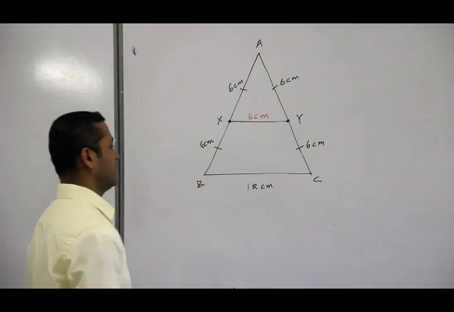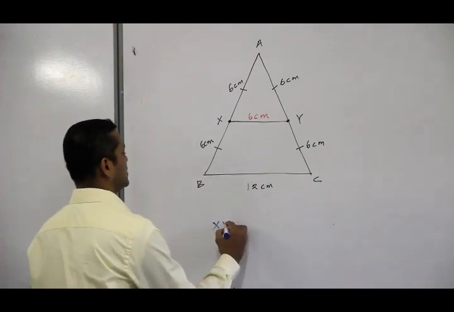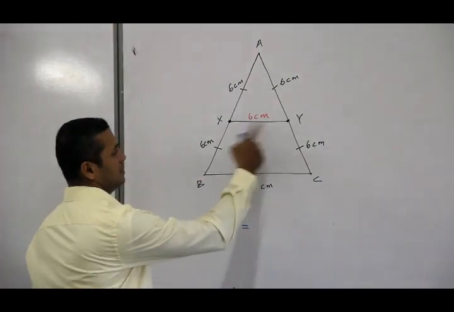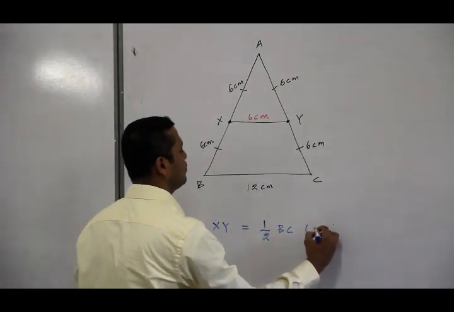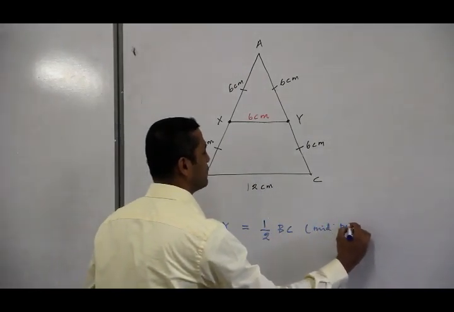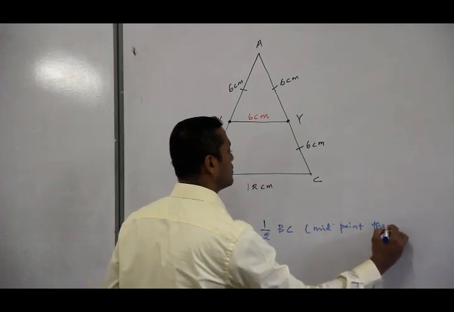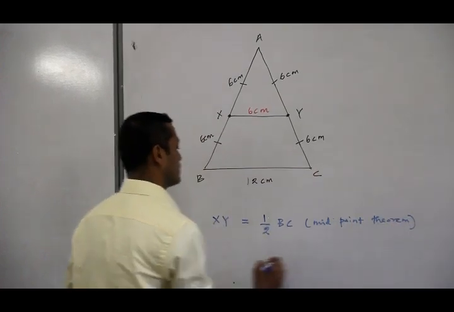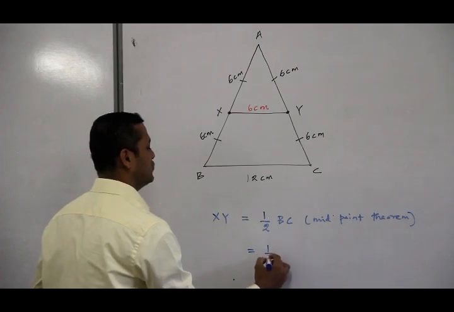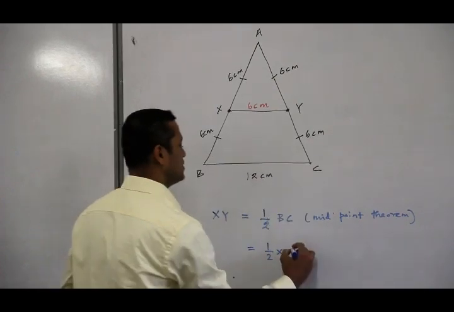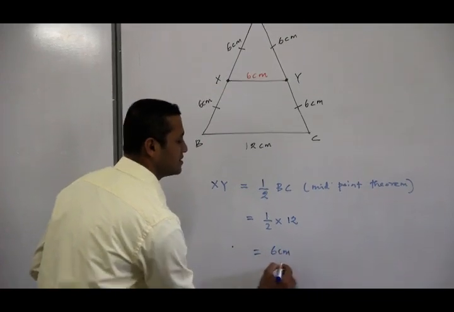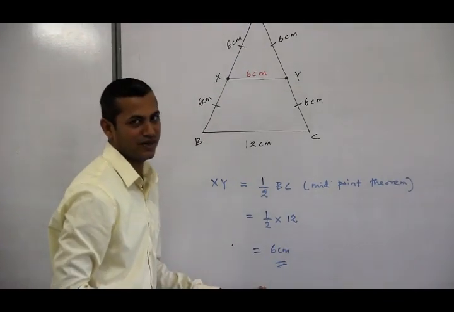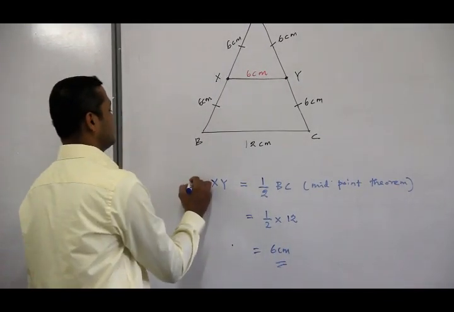XY equals half BC. Why? Because of the midpoint theorem. Then half into BC, how much? 12. So it is 6 centimeter. Got it? That is the first part.